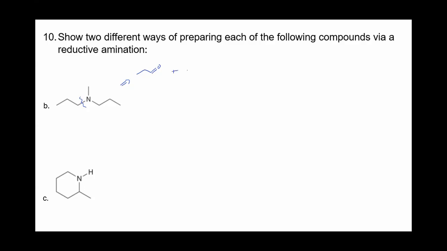And then I would react that, if you remember, we can use ammonia, primary or secondary amines. So it will just be the nitrogen here with the methyl, that propyl group with an H there, and then sodium cyanoborohydride.